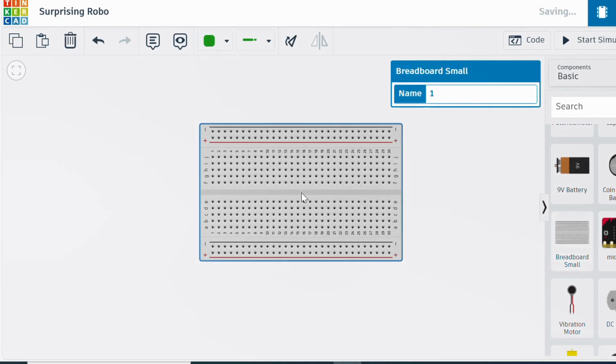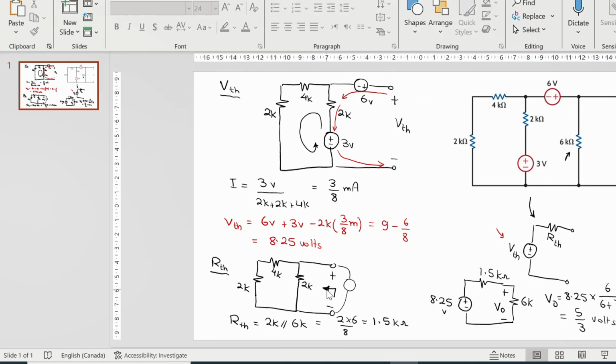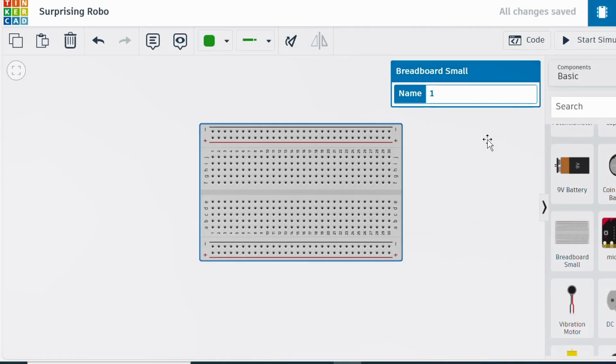So I will add a breadboard here, and I'm going to connect exactly the same circuit that we analyzed. So here we have the series connection of 4K and 2K. For this, I'm going to use resistors.